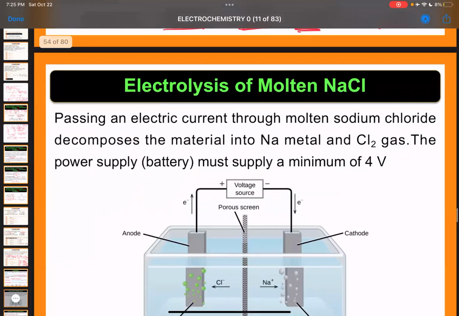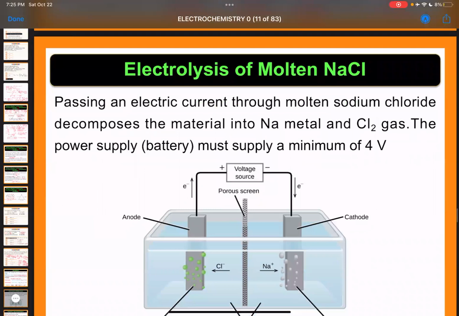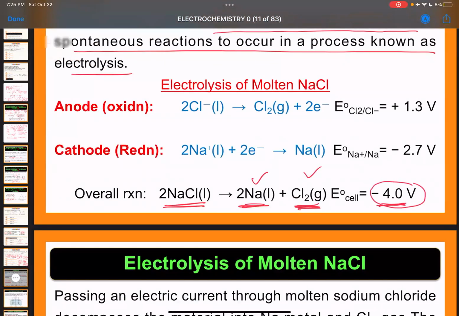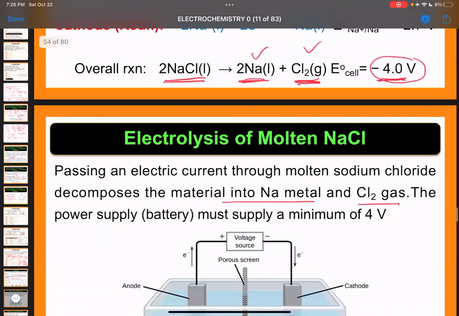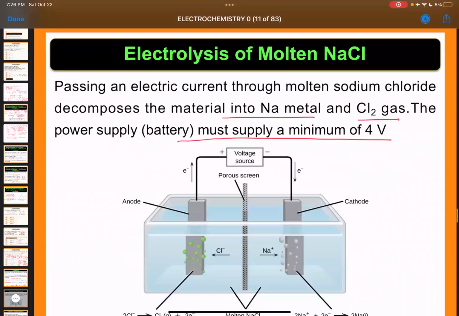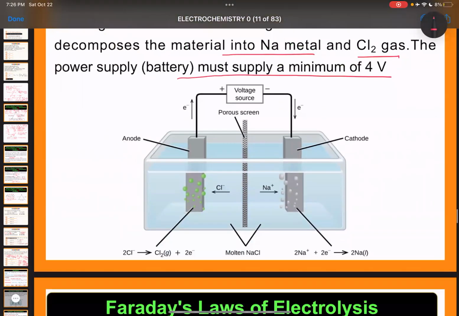So molten NaCl gives Na metal and chlorine gas, and because the EMF was coming out to be negative, it is not going to happen on its own. You need to provide energy, and that must be 4 volt or more, then only it will happen, right?